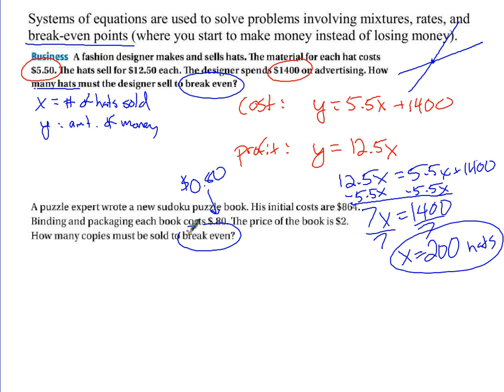So I need to define some variables first. What are my variables going to be? I can use X and Y, but I want to say what they are. Equals number of, yeah, we're talking about books. It says how many copies must be sold. So number of books, and then amount of money, yep.